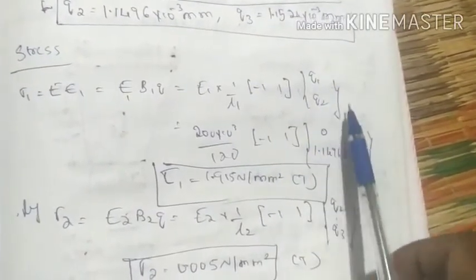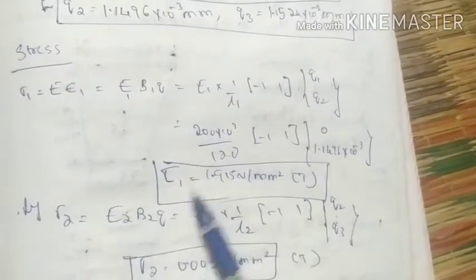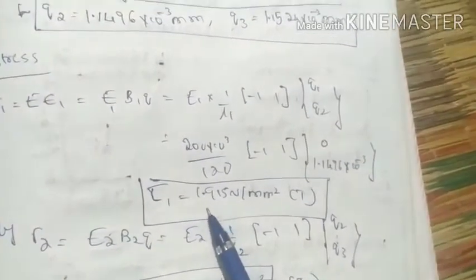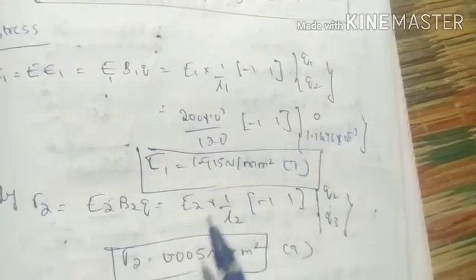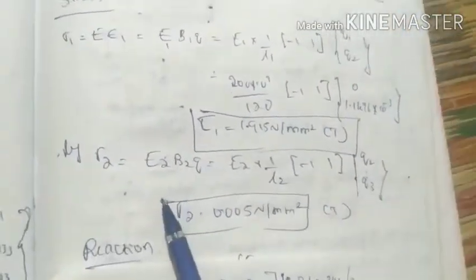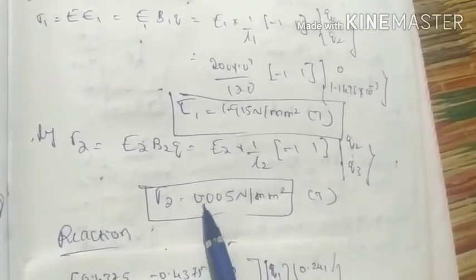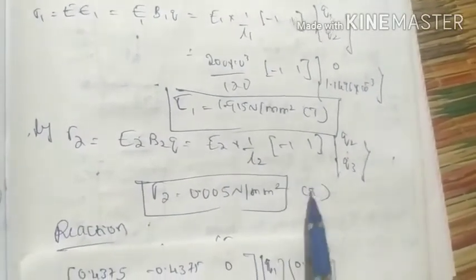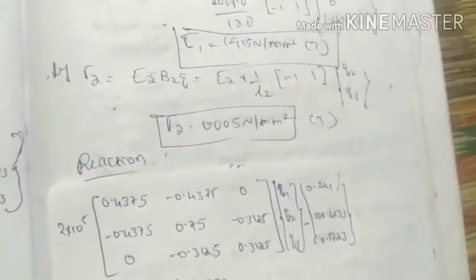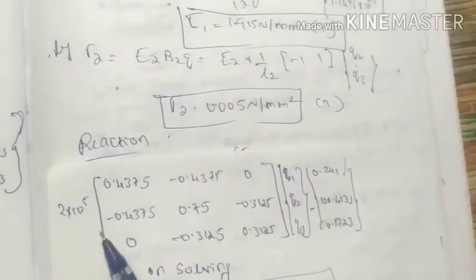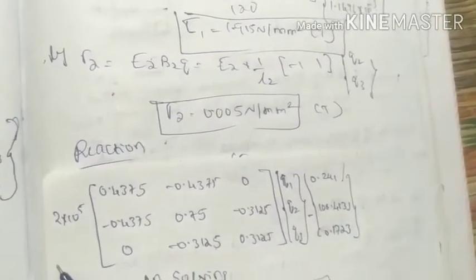Q1 is 0, Q2 we got as 1.14 into 10 raised to minus 3, L1 is 120, therefore sigma 1 becomes 1.915, that is plus, which means tensile. Similarly sigma 2 is E2 B2 into Q, sigma 2 becomes 0.005 Newton per mm squared, that is also tensile. So both are tensile in nature because of how the load is placed. Obviously the tension force is acting, and because of the tension force, tensile stresses are induced.